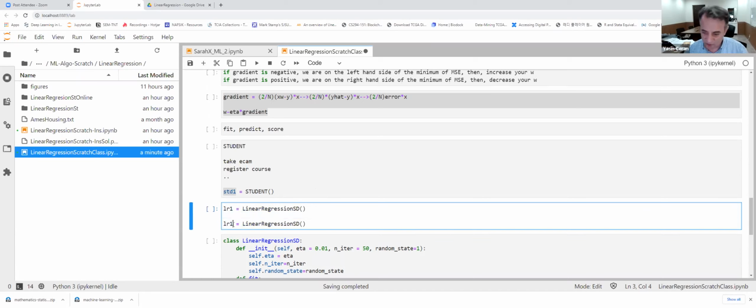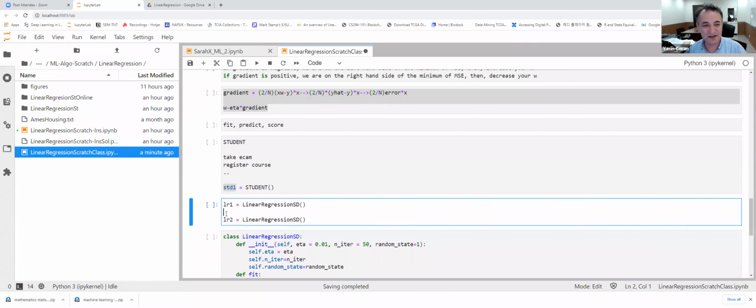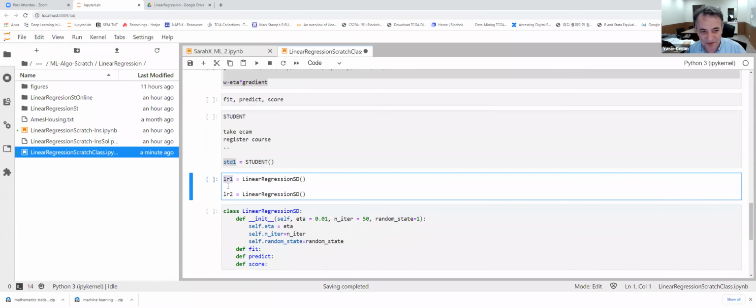This is the second one. So it's almost like this is one student, this is another student. So these are two separate instances. I just created two separate instances, all right? So both of these instances have their own etas, number of iterations, and random state variables assigned. Again, self is referring to the instance that I just created.